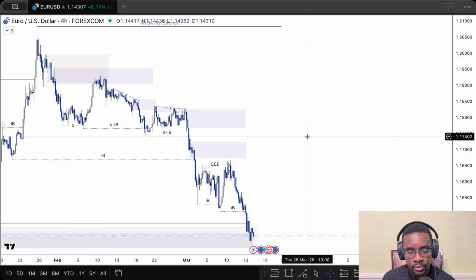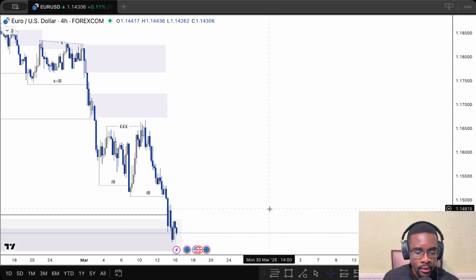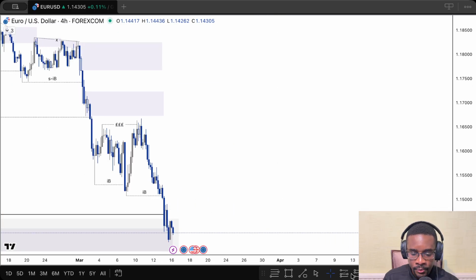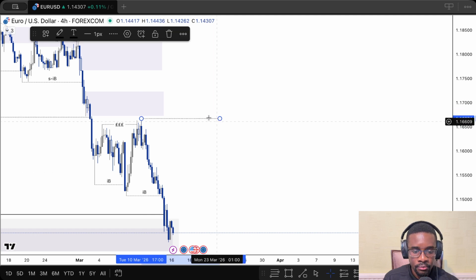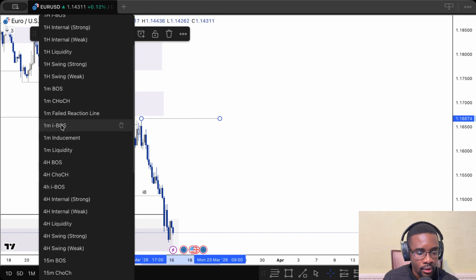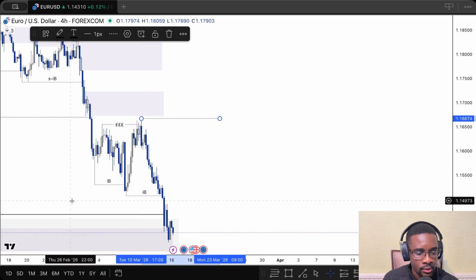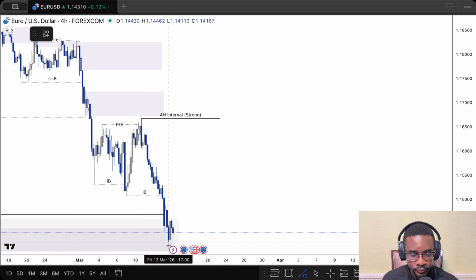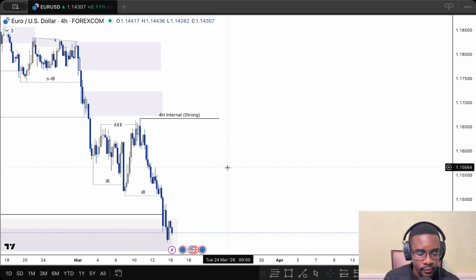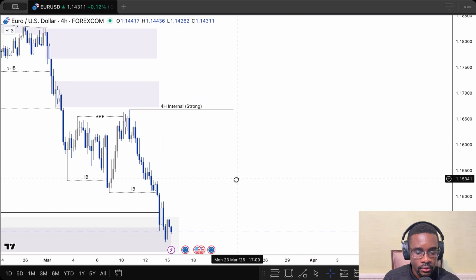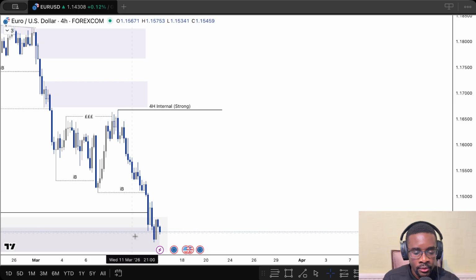So from our internal range perspective, this is the current internal range that we can be looking at. For our internal strong, we haven't had a significant pullback to have our low, but currently our low is right there. So right now we are in this demand area on the daily as well as the 4-hour.